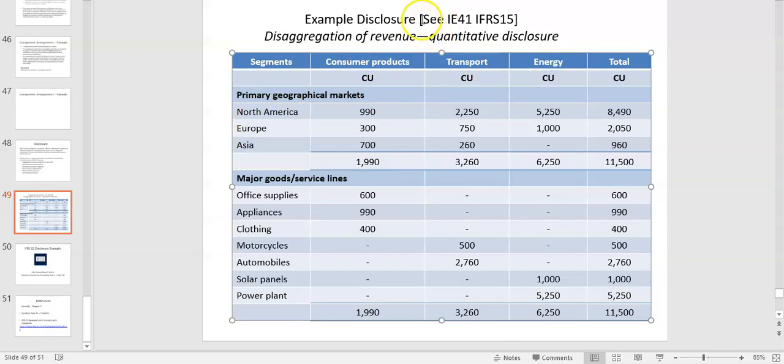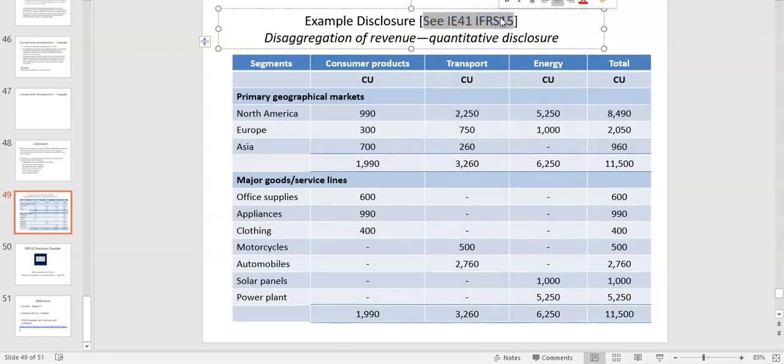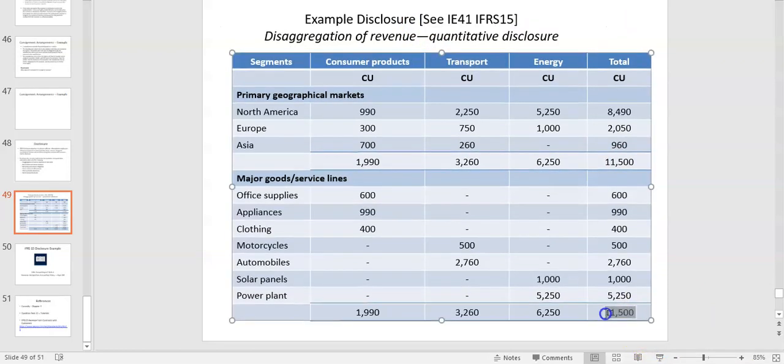That's taken directly from an illustrative example in the standard. They don't just want you to show 11.5 million revenue. They want you to split it by major lines, the segments that you look at, split it by geographics, or split it by the major service lines that you have. So it gives more information to the user of financial statements: where is this revenue coming from?